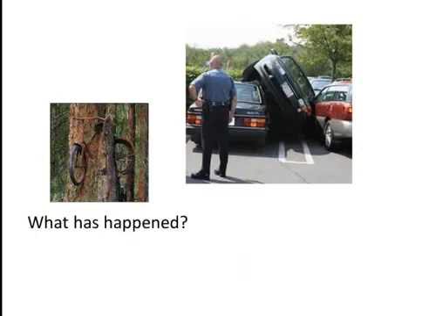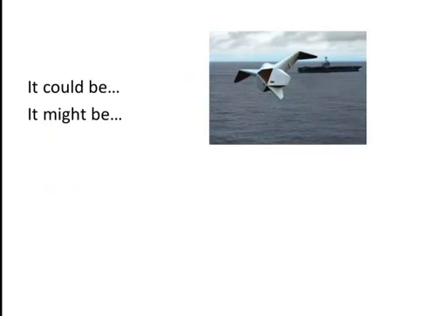Obviously present perfect works quite well with pictures, especially if you've got something with an action that's finished here, so that kind of thing, with what has happened. The other thing that's a really easy structure to use with pictures is the idea of modals of possibility and probability. It could be, it might be, it definitely isn't, I'm sure it's, this kind of thing, with this mechanical seagull or whatever else it is.